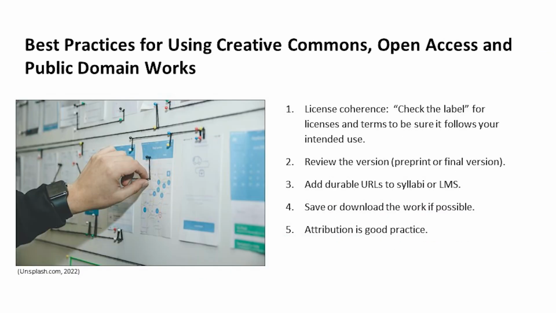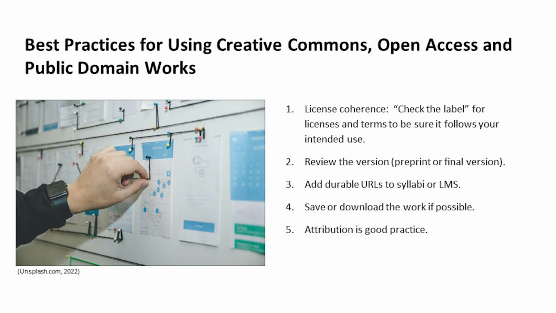So, some best practices for using Creative Commons, open access, and public domain works are as follows. I would really pay attention to the license coherence, that is, you want to check the label for the licenses and terms to be sure it follows your intended use. One thing that you may want to do, especially if you use open access works, is to review the version, if it's the preprint or a manuscript, or if it's going to be the very final version of the work, and make sure it aligns with your teaching objectives.